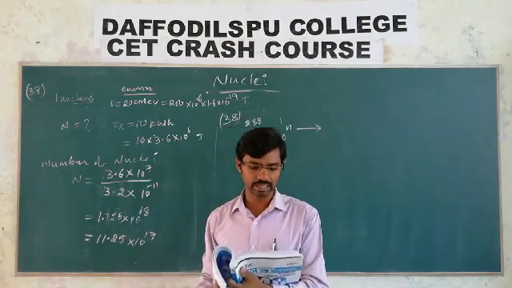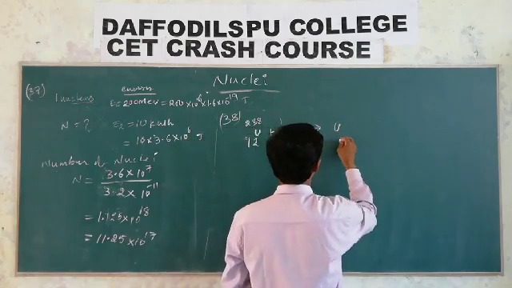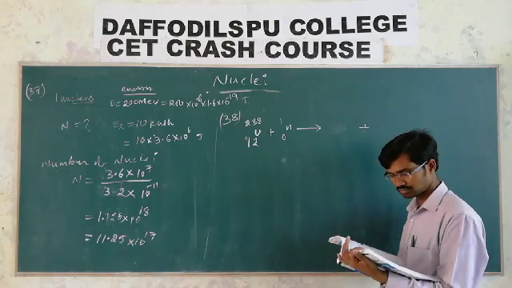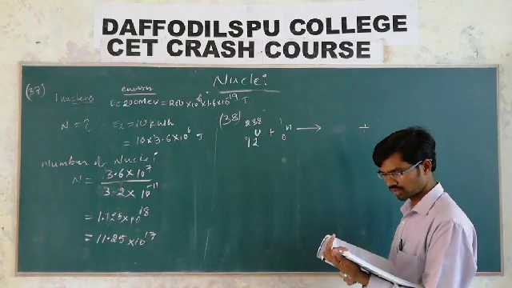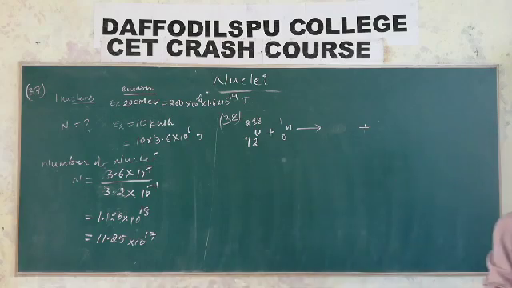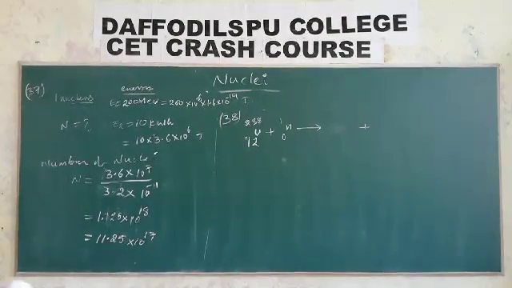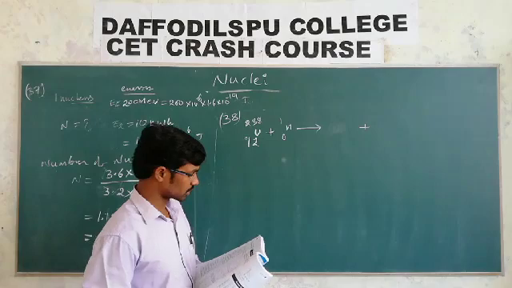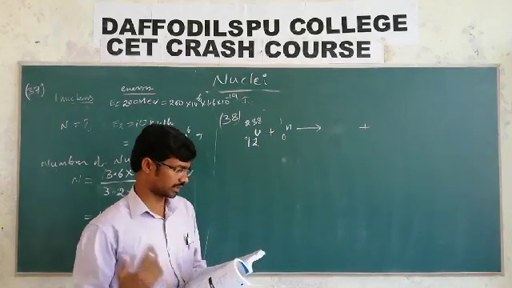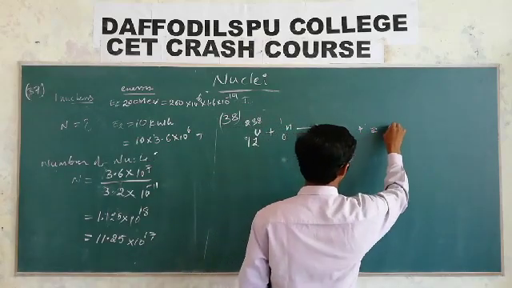This product further emits an electron, and it emits 2 electrons. Whenever it emits an electron, that is minus 1 e 0.